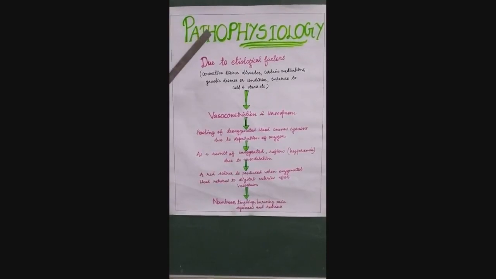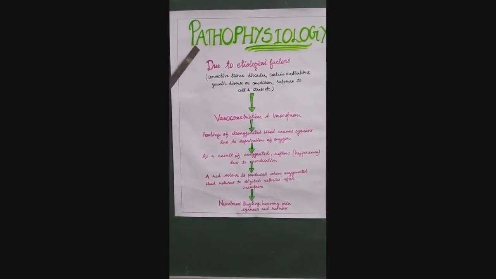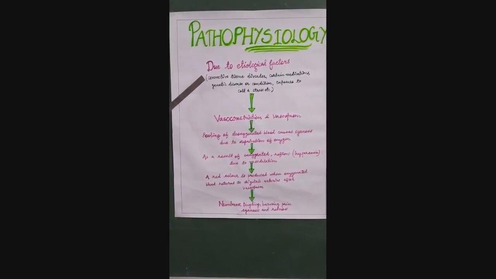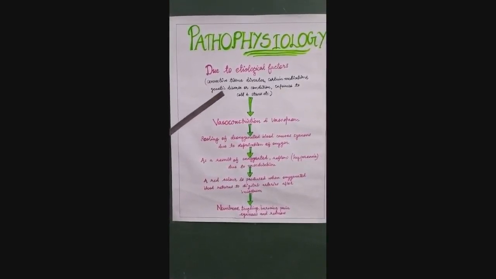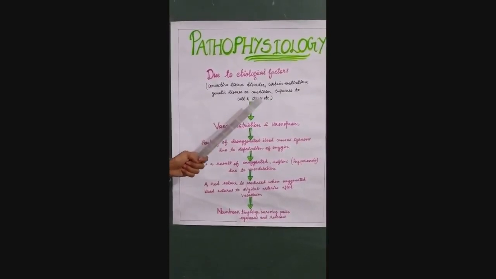Now we will study the pathophysiology of Raynaud's condition. So, due to etiological factors, for example connective tissue disorder, certain medications, genetic disease or condition, exposure to cold and stress.